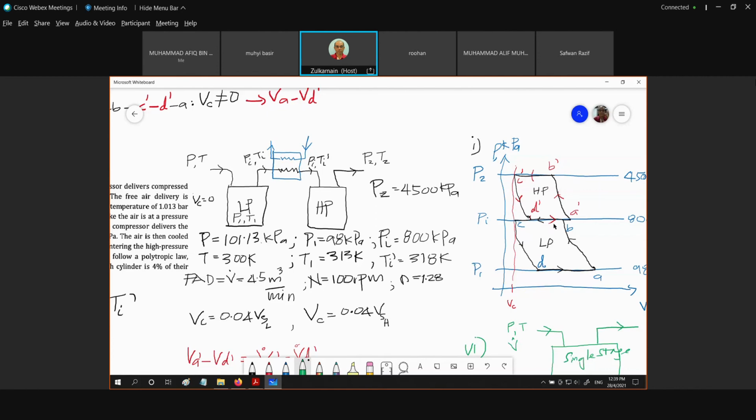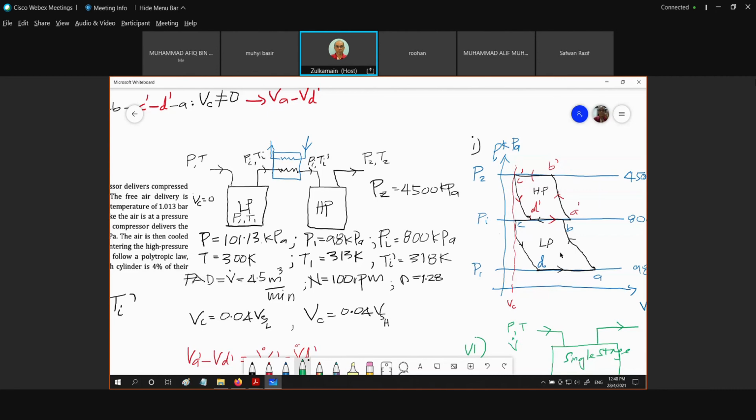For the second stage, we know that the VA minus VD, or the condition of going into the second stage, the high pressure, is PI, TI. PI, TI is not from the free air delivery or the free air condition. It is a condition after the compression from the low pressure. So that's why the question doesn't ask us for the second stage.